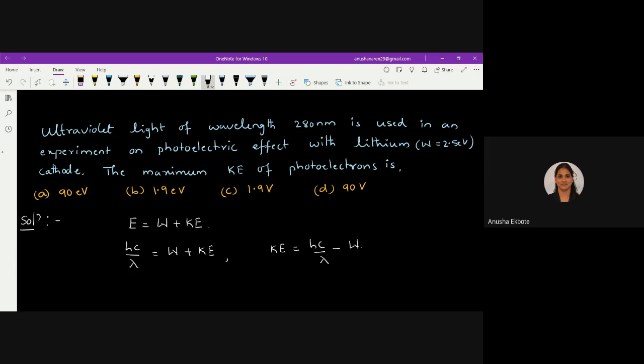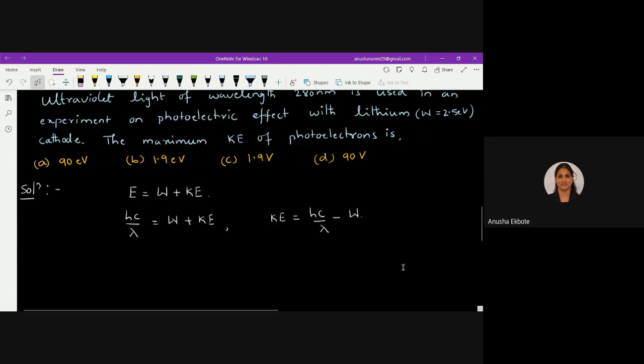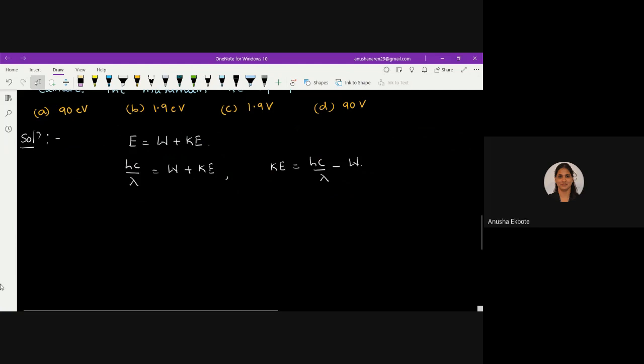Now let us try to substitute the values. hc we already know in electron volts and W is given in electron volts. The value of lambda is 280 nanometers, and W value is given to us as 2.5 electron volt. So let us substitute these values in this equation.